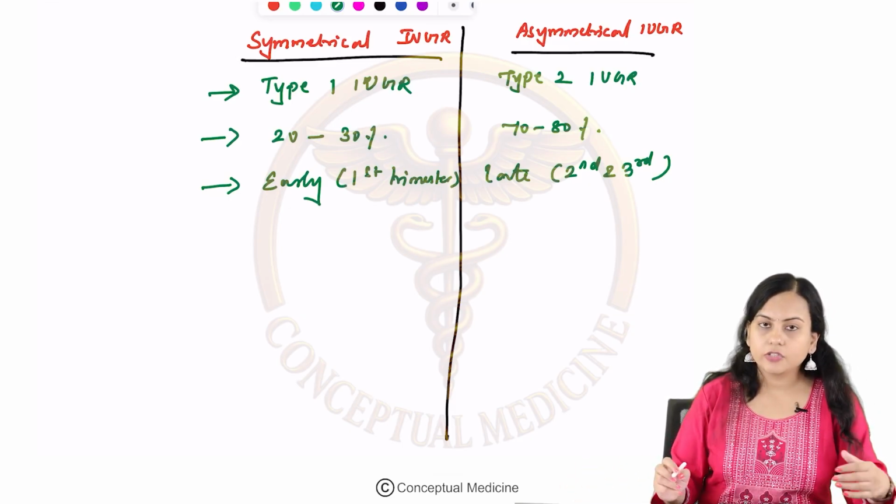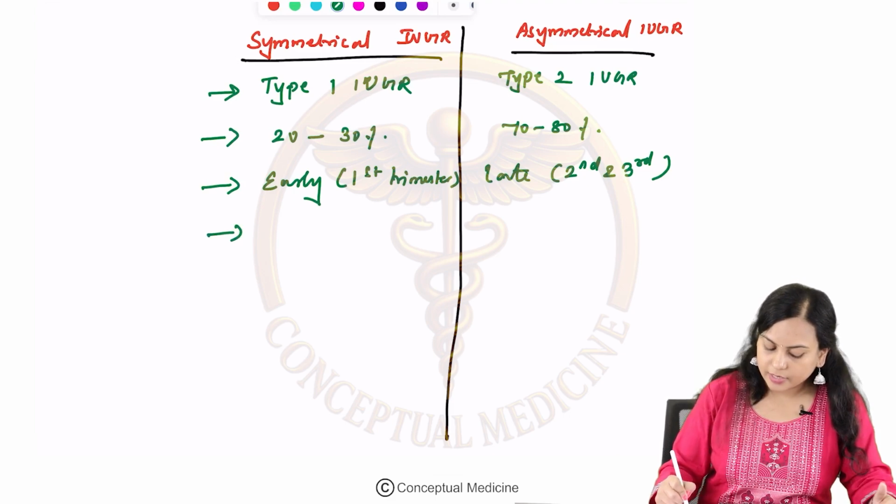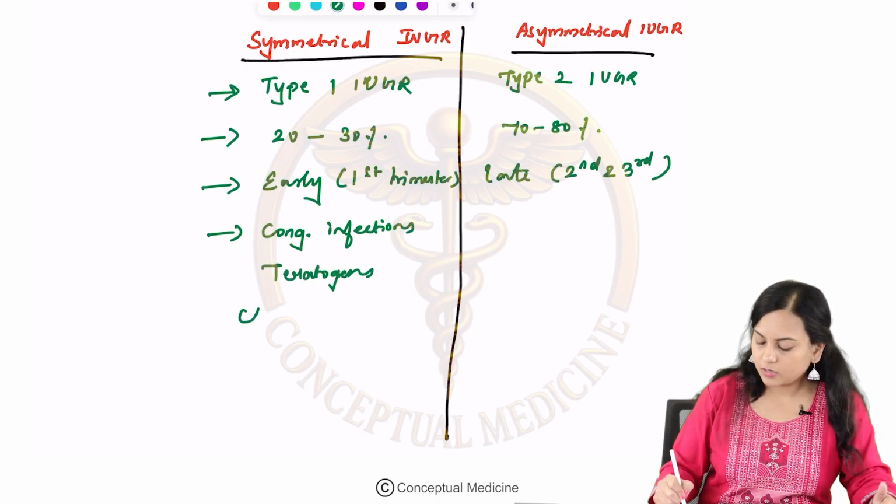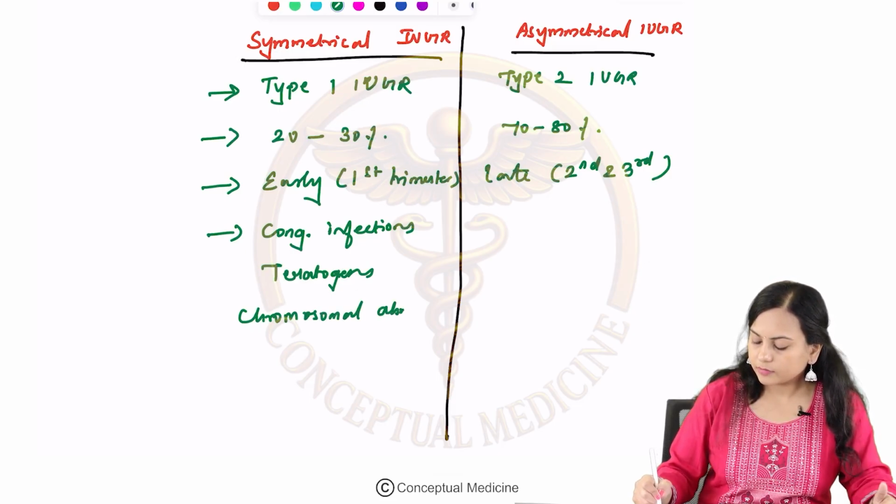Okay. Etiology that is leading to symmetrical IUGR include congenital infections, teratogens, and chromosomal abnormality, right?